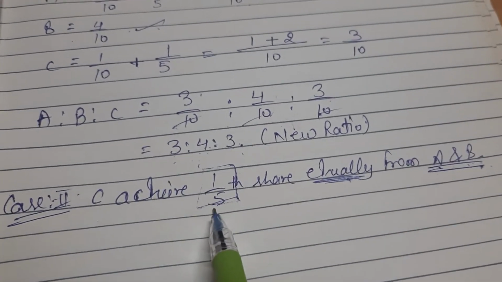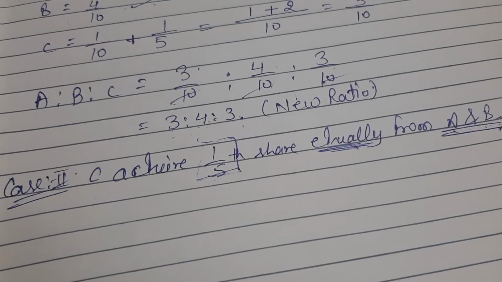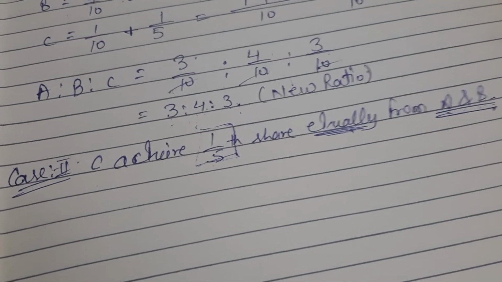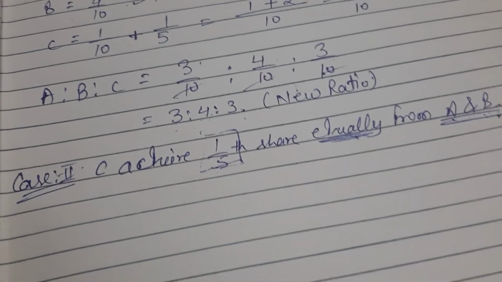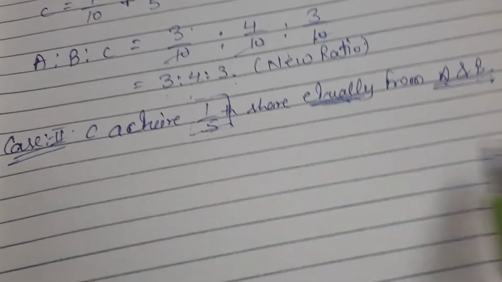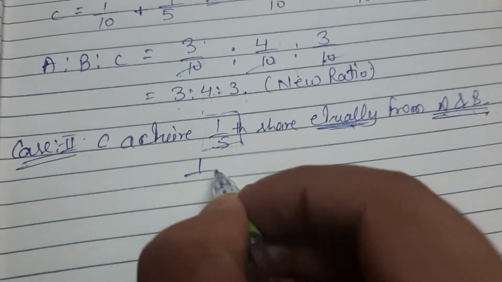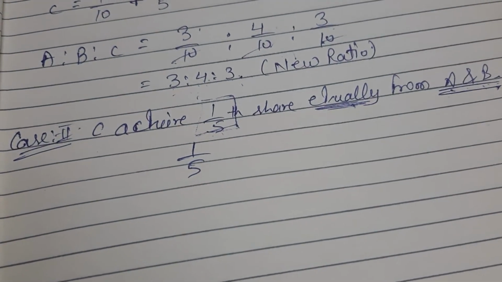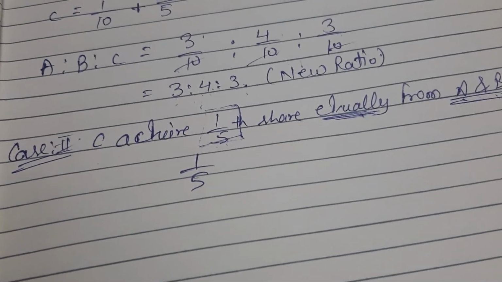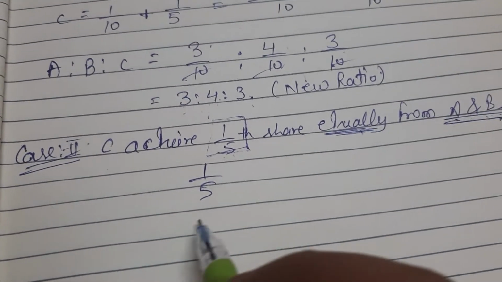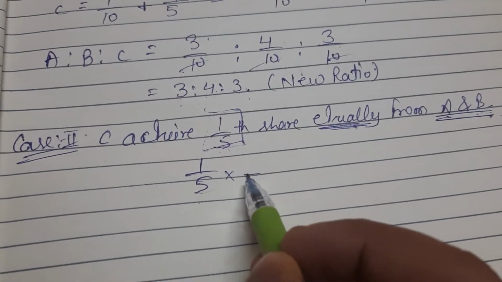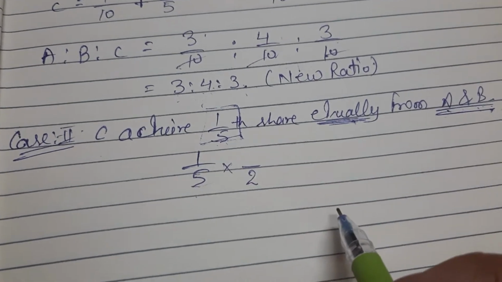When you divide 1 by 5 into 2 equal parts, many of you will not be able to answer what the division will be. So what you have to do is multiply the denominator by the number of parts you want.